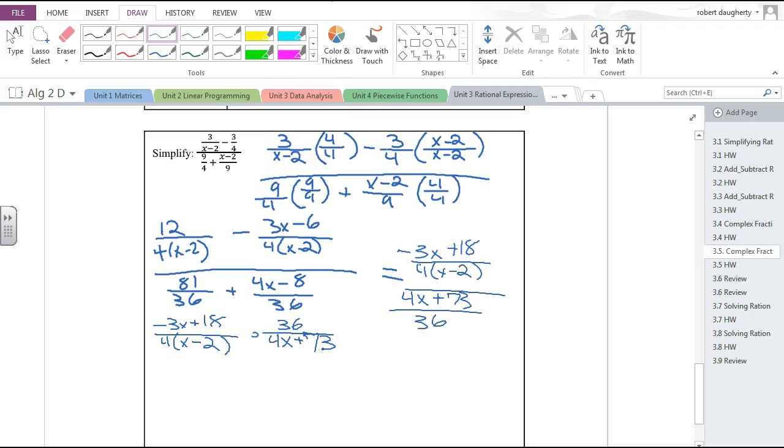Yes, 36 divided by 4 is 9. And that's almost as far as you can go. So let's go ahead and write that.